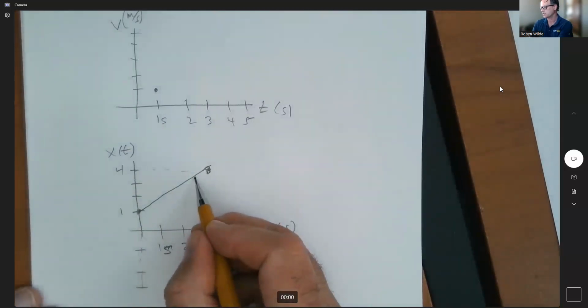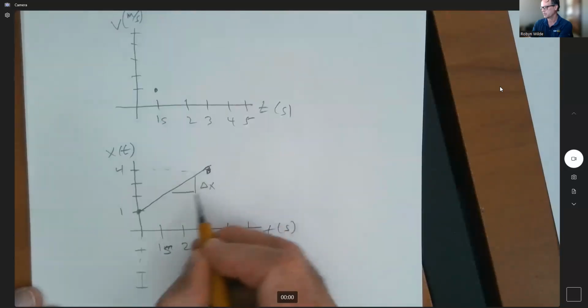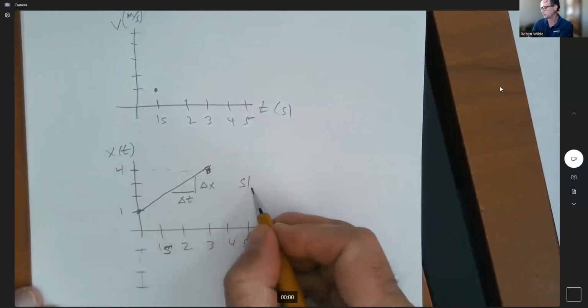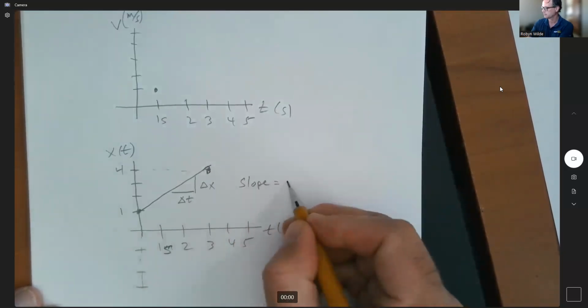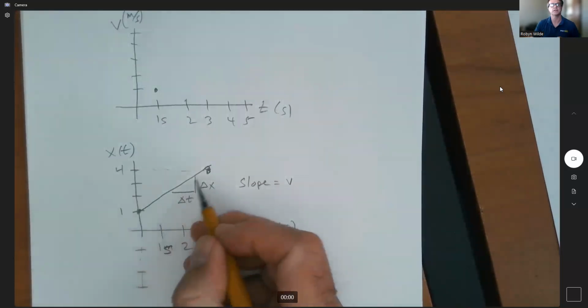And so the slope of this line, delta x over delta t, is my velocity. The problem is that the only time the average velocity is going to equal the instantaneous velocity is if it is a constant velocity like this.